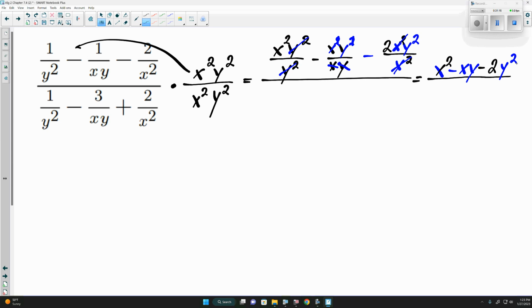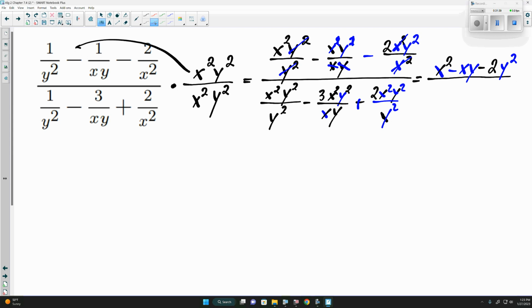The denominator, so xy, x squared, y squared, is going to be over y squared minus 3 x squared, y squared over xy plus 2 x squared, y squared over x squared.